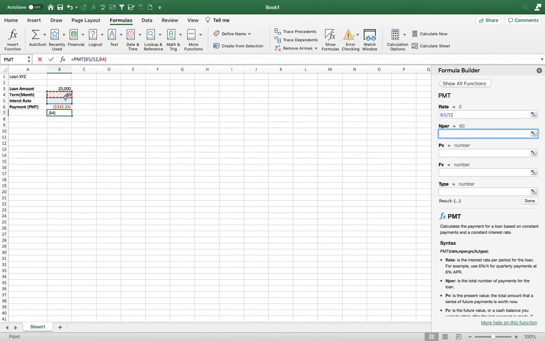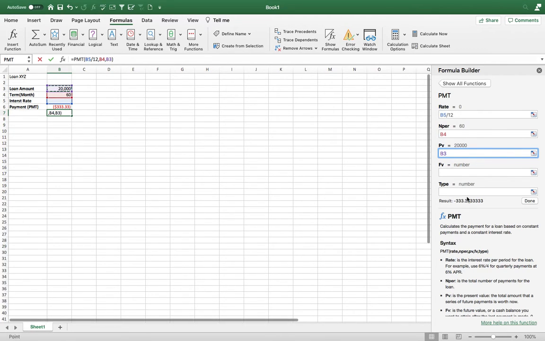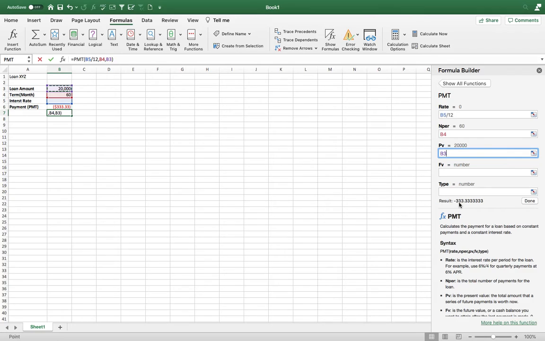NPR is 60, and then the PV, the loan amount, will be 20. If you see right here, the result gives you the same thing. Notice it's a negative, a minus, which means it's something you're deducting out of your loan. It's a key point. I'll show you why later on.